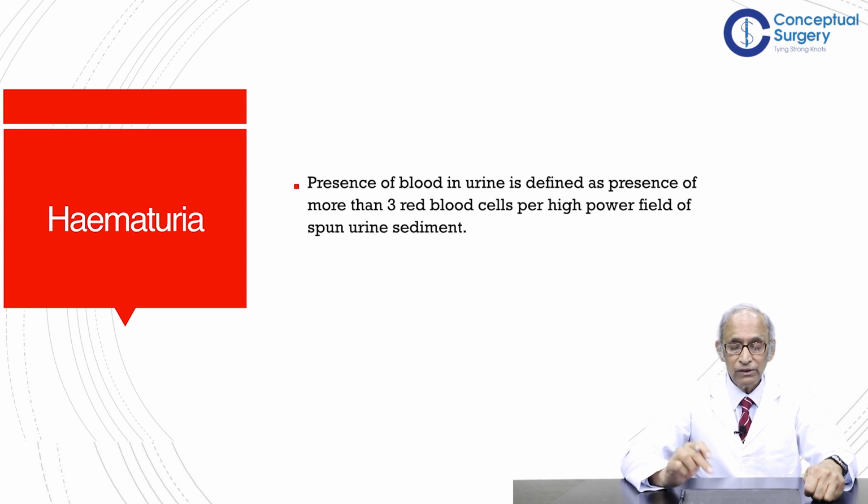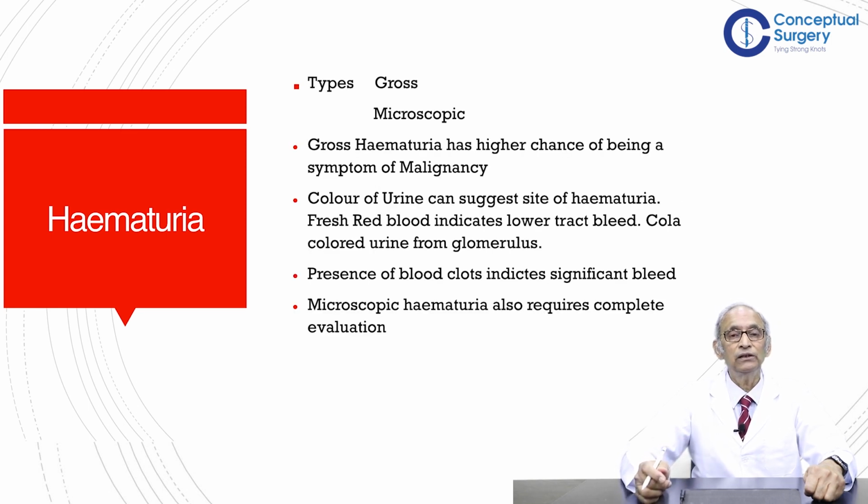So what we see in the wards or in the OPD might seem very alarming both for the patient and sometimes even for the surgeon, but the quantity of blood may not be that much. But what is most important about hematuria is that it has a higher chance of being a symptom of malignancy, particularly if it's a gross hematuria.